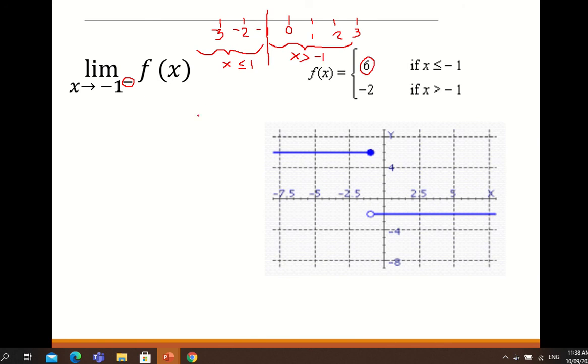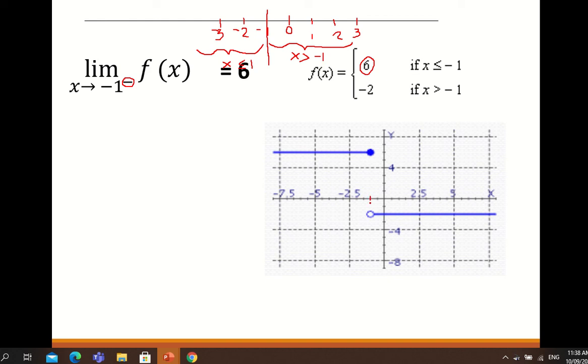Okay, so it means that the limit of f of x as x approaches -1 from the left is equal to 6. For example here, by the way, the spacing here is 1.